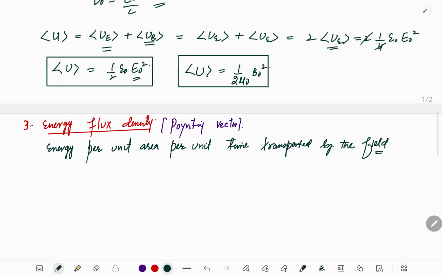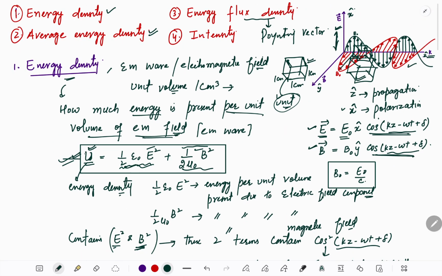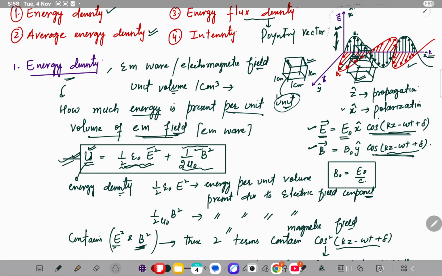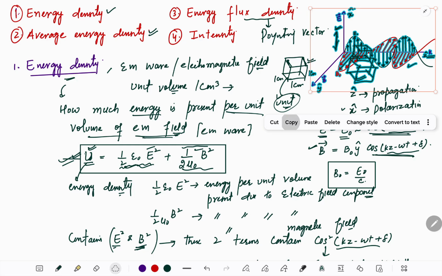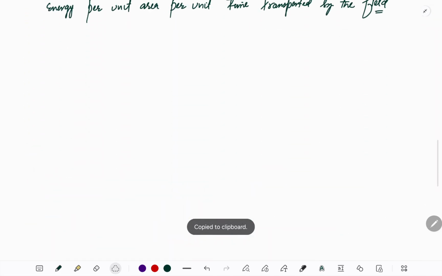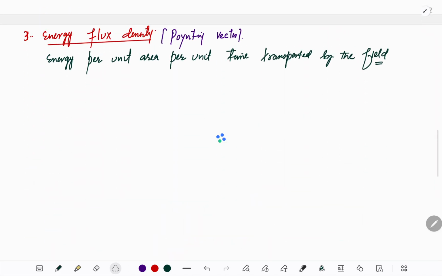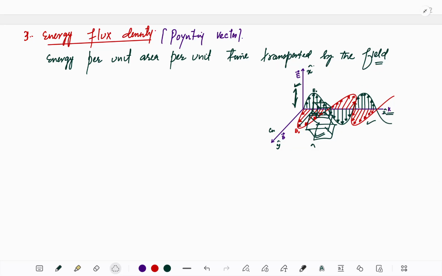Let's assume this wave is traveling in the space now, and there is some surface.